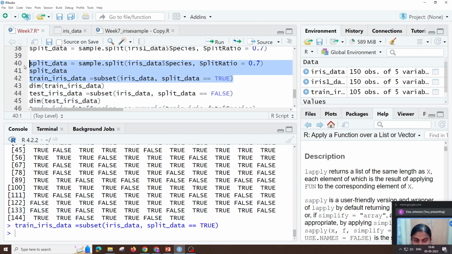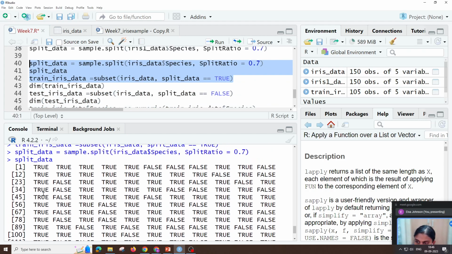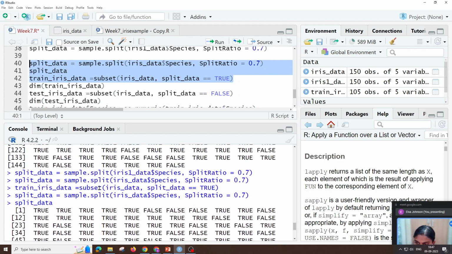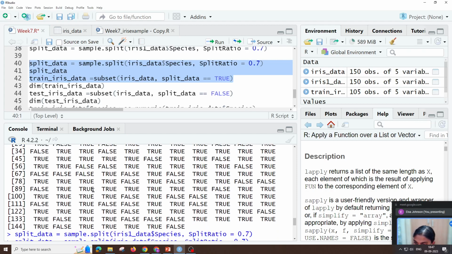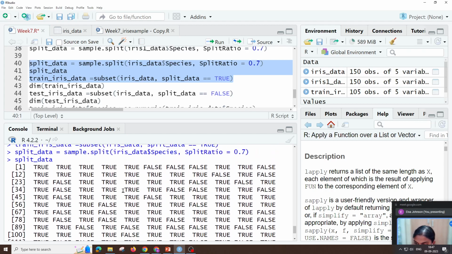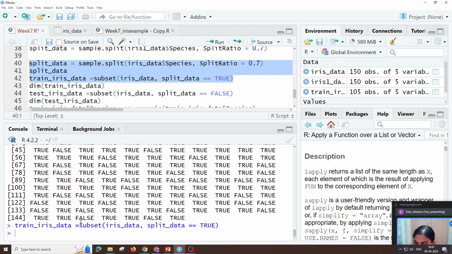Okay, so you can see here split data true coming like that. Here also when we were giving the thing as character also, it had come like that, so that doesn't matter there. Now you can see train underscore iris underscore data, it is a data frame with 105 observations.